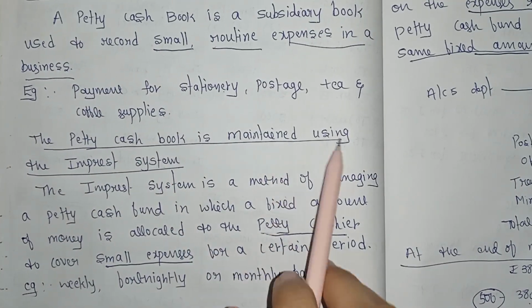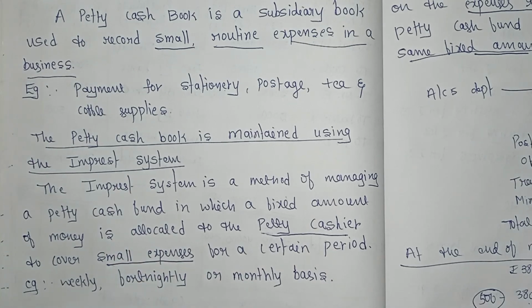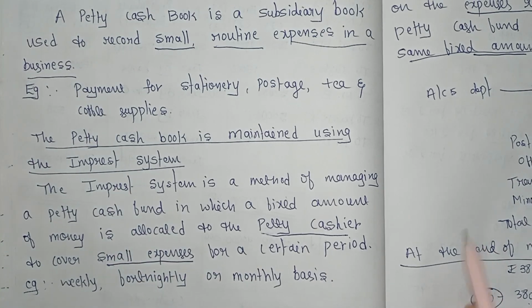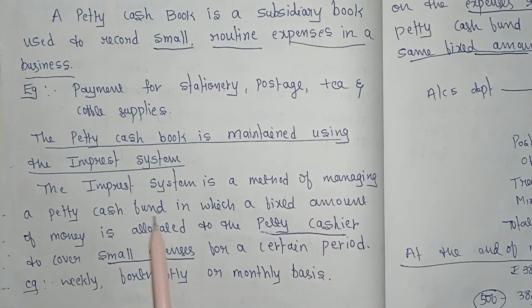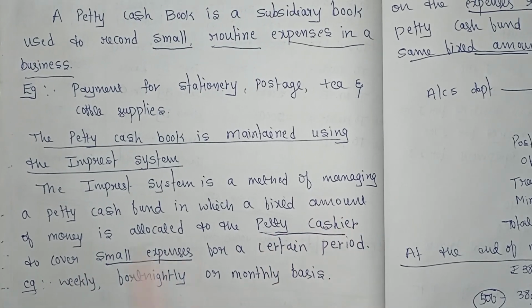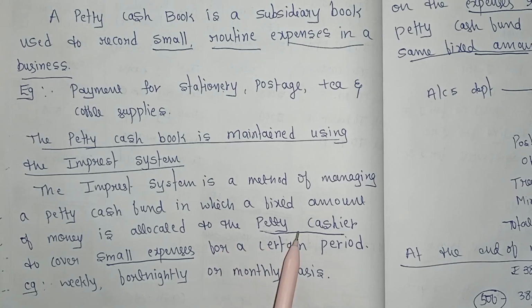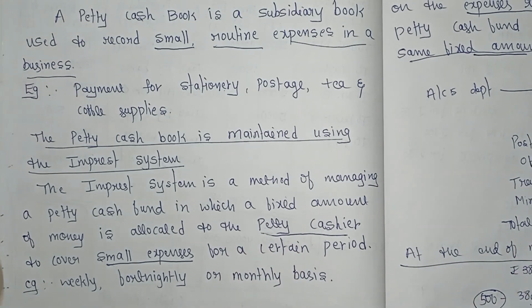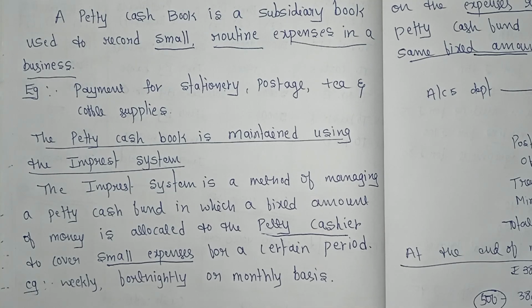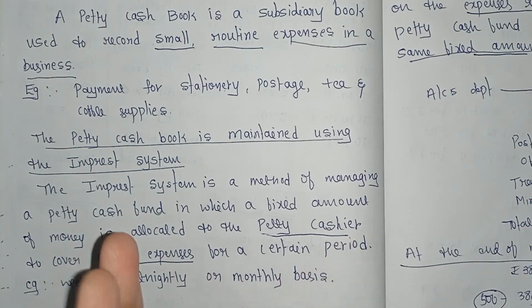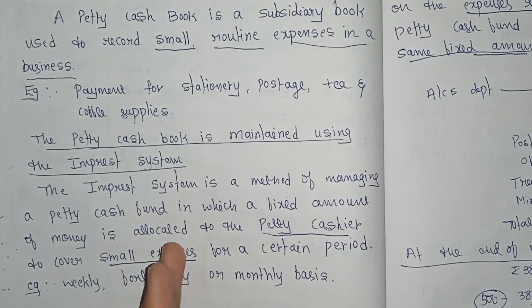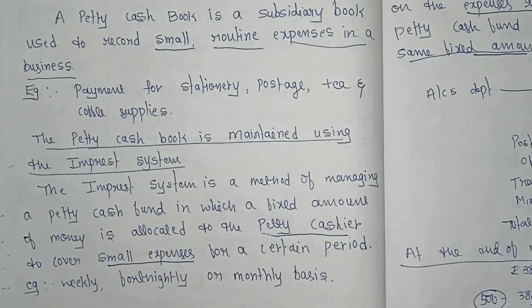It is maintained using the imprest system. What does it mean? The imprest system is a method of managing a petty cash fund in which a fixed amount of money is allocated to the petty cashier. It means the accounts department or the finance manager will allocate a fixed amount of cash to the petty cashier.